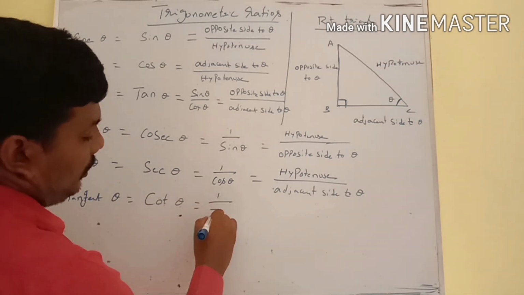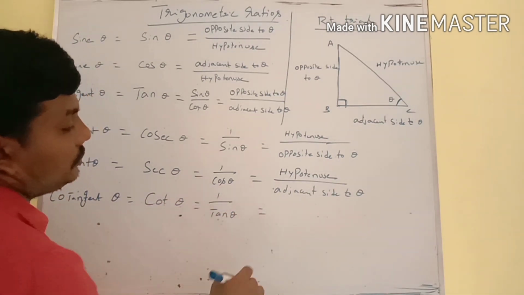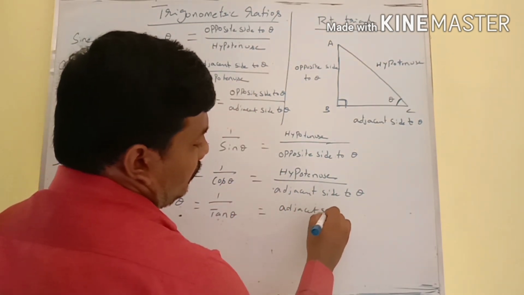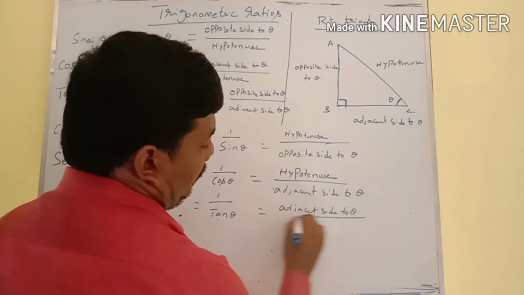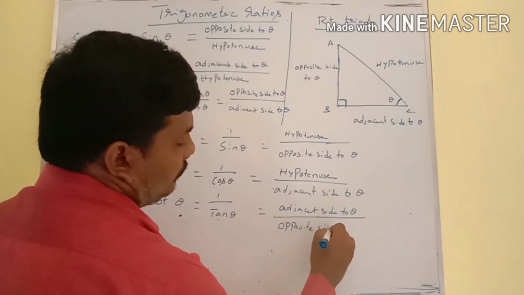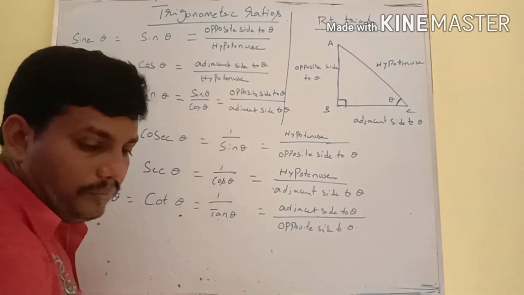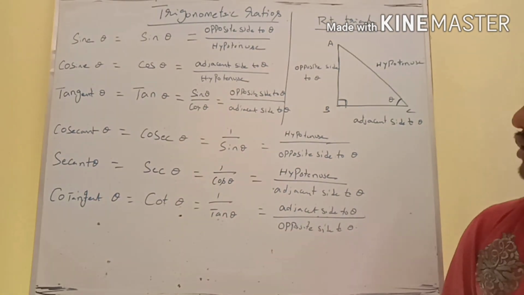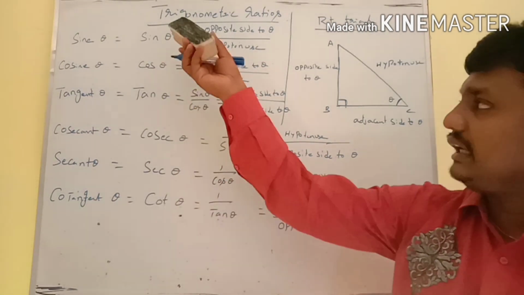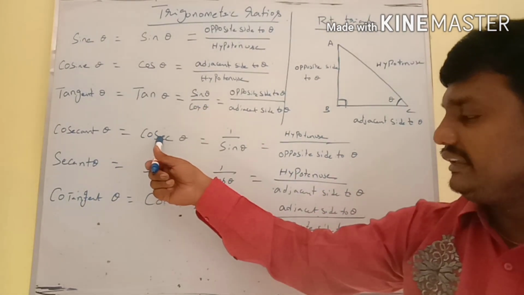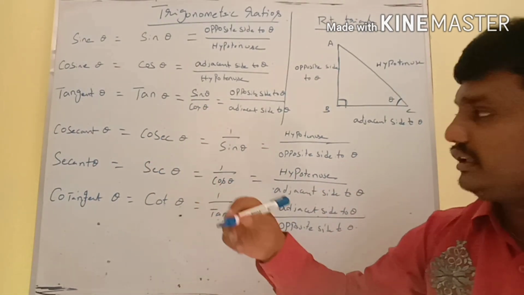This is the reciprocal of tan theta, so it can be written as adjacent side to theta by opposite side to theta. So these are the 6 trigonometric ratios: sin theta, cos theta, tan theta, cosecant theta, secant theta, cot theta.